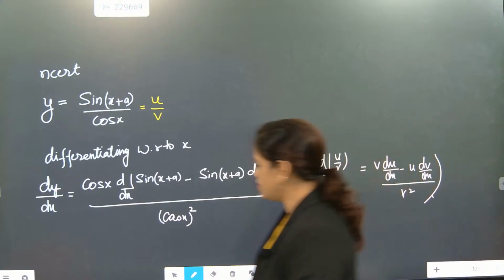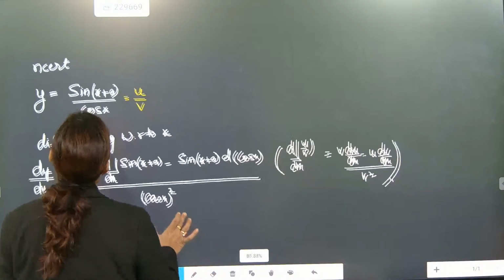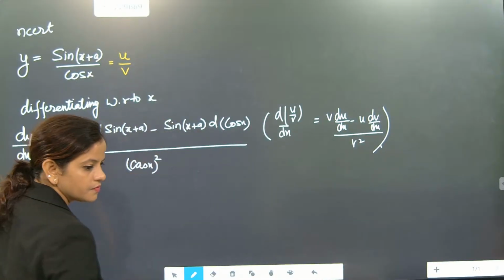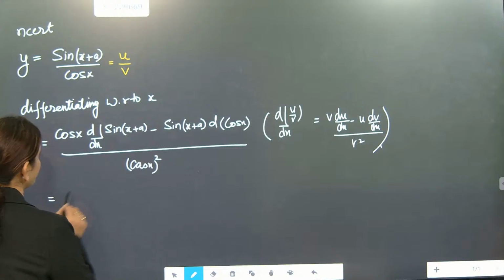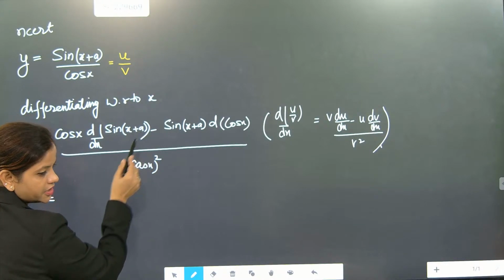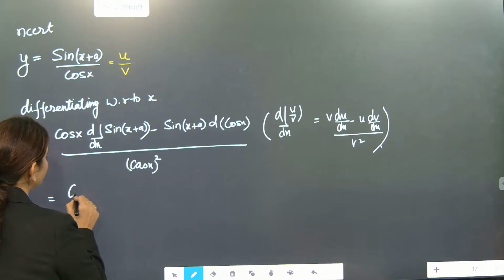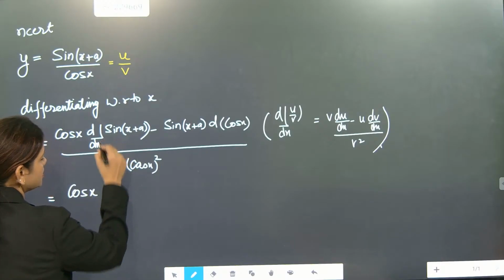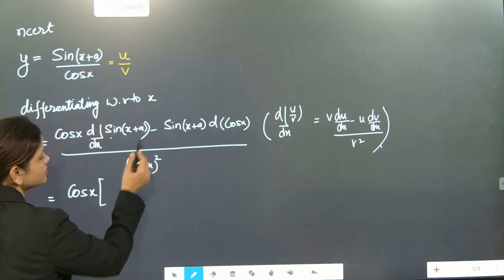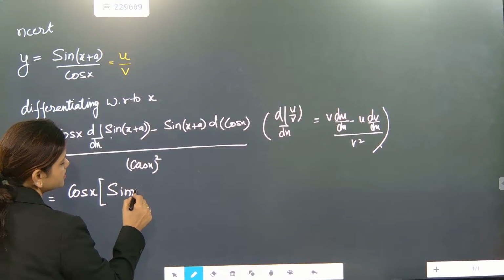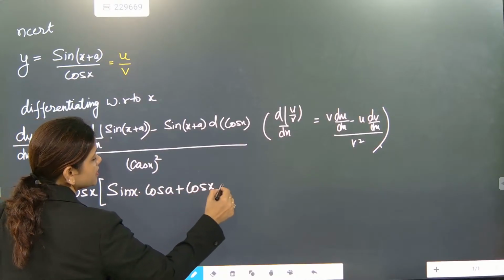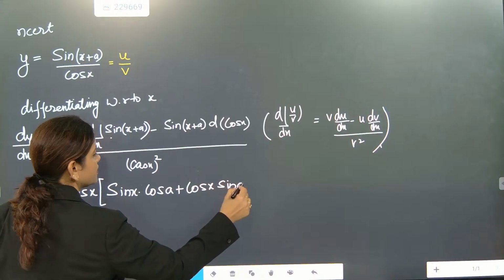After using the formula, what next are we going to do? Here cos x. Now open this bracket, sin(x plus a). How are we going to open the bracket? sin(x plus a) is sin x cos a plus cos x sin a.